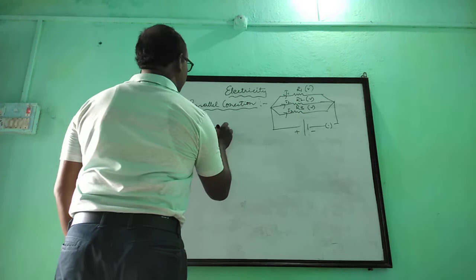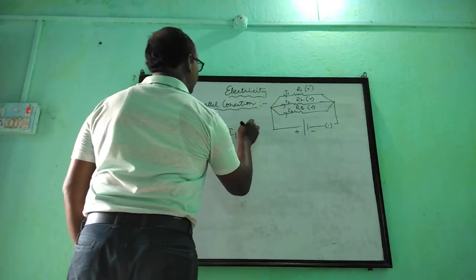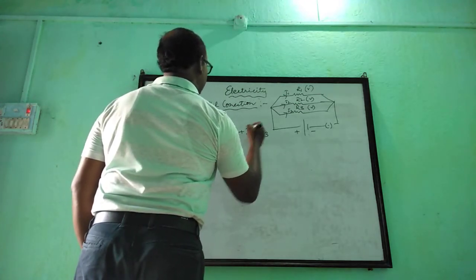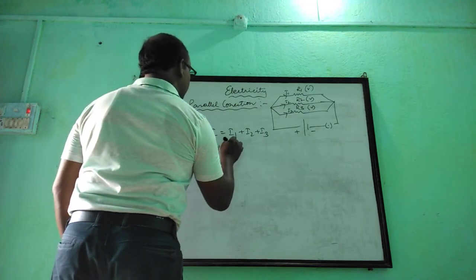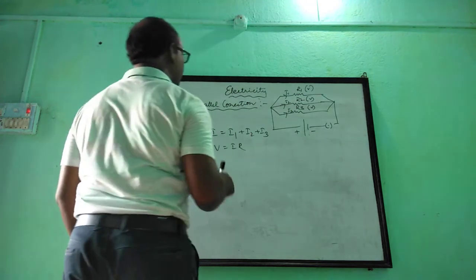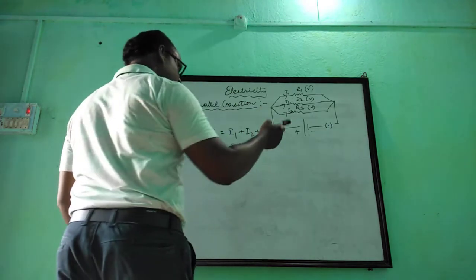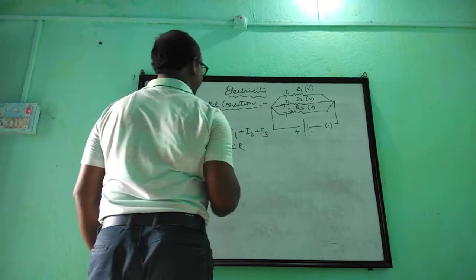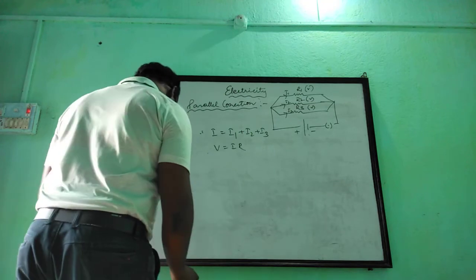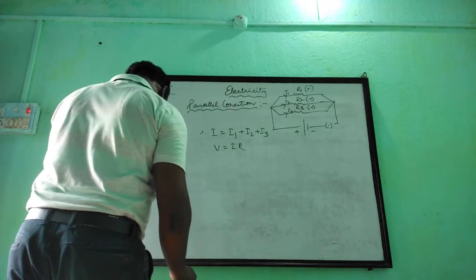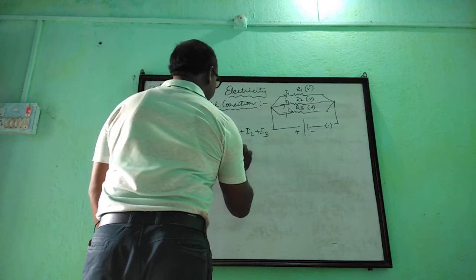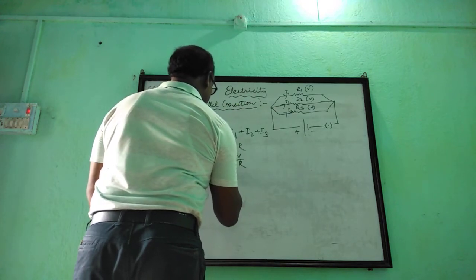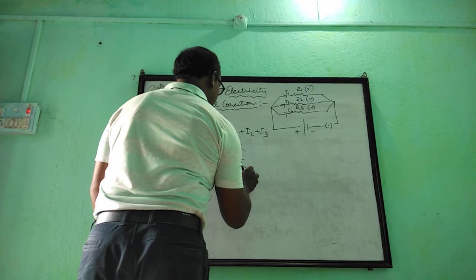Therefore, I equals total current I1 plus I2 plus I3. According to Ohm's law, V equals IR. So V is the same here. Therefore, I equals V by R. I1 equals V by R1.